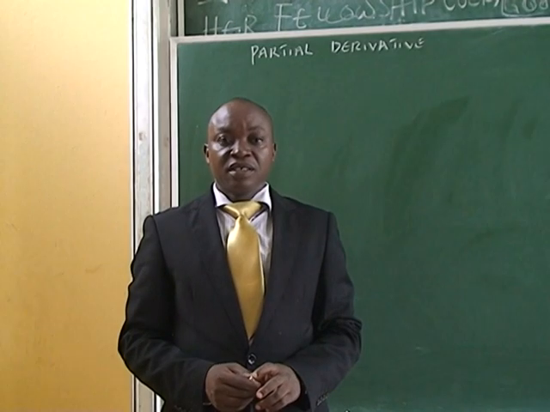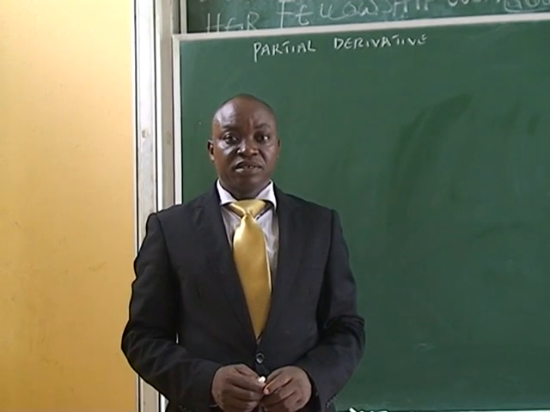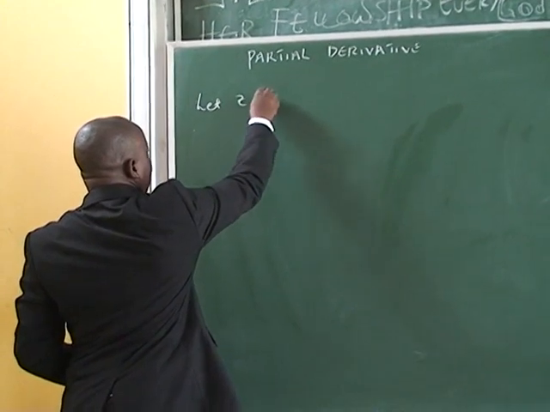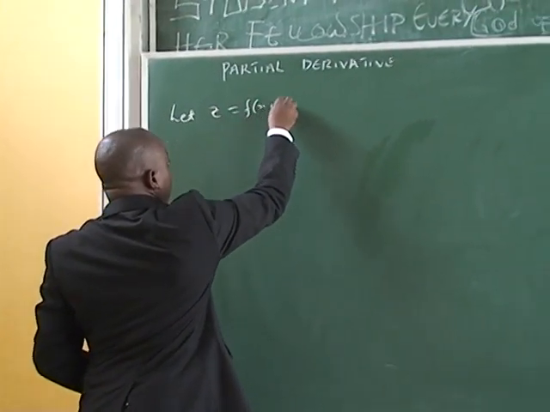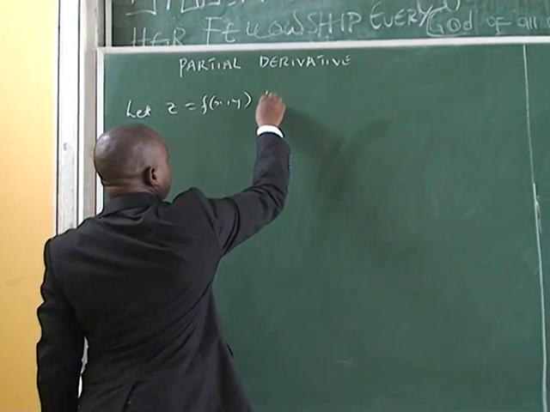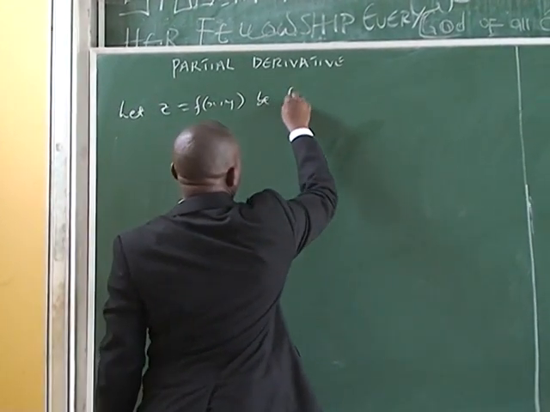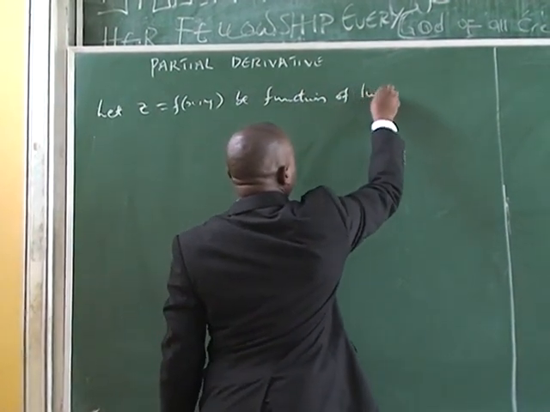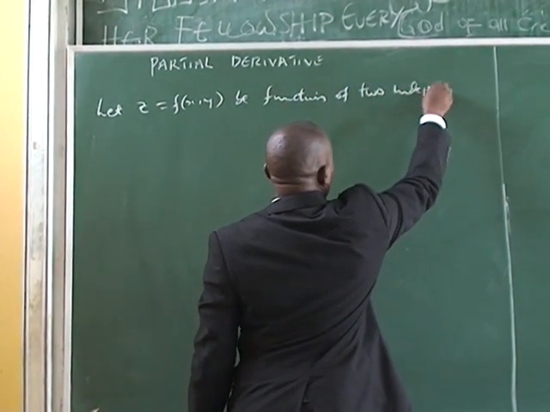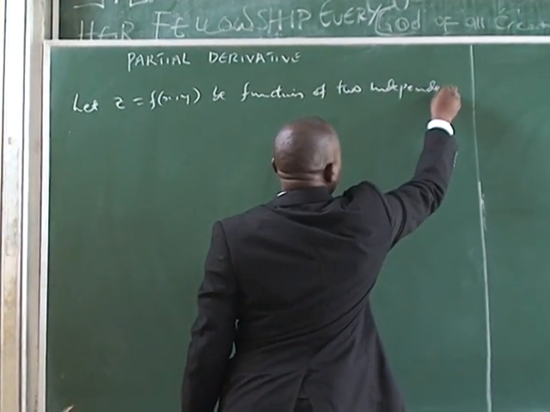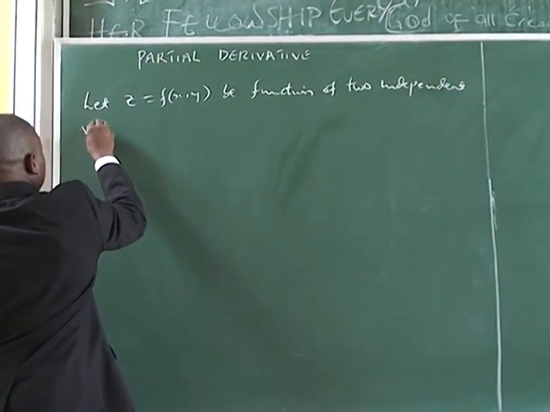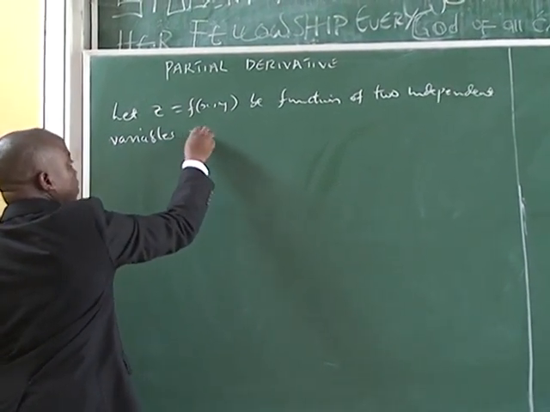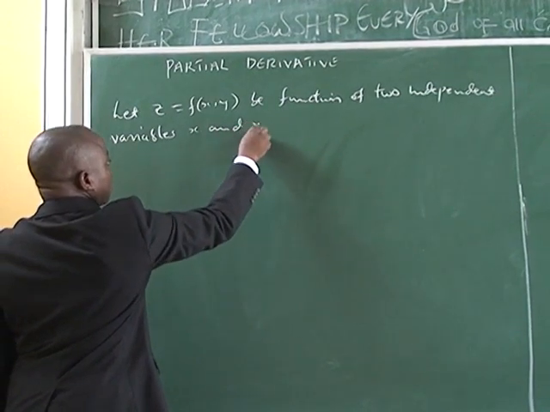We are going to look at partial derivative. Let z equal f of x y be a function of two independent variables x and y.